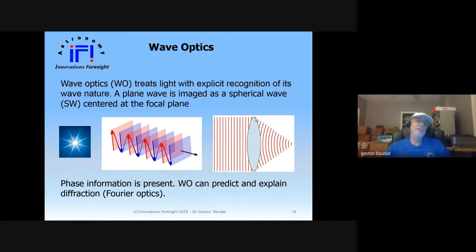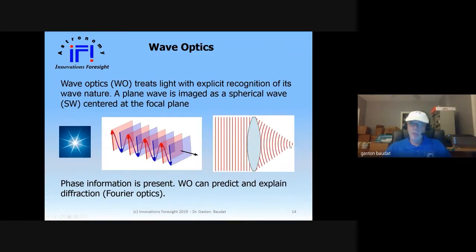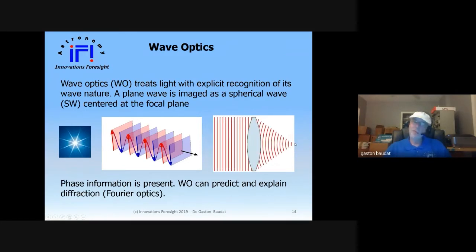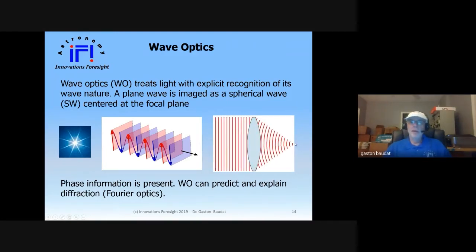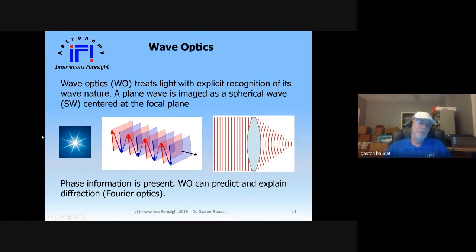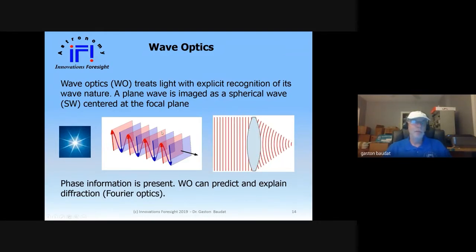And the goal of any imaging system is to map a point, which is here a star very far away at infinity, to a point on the image plane, on the focal plane, which means the plane wave in that case is translated to a spherical wave with the center at the focal plane, where the spot of the image of your object will be. So if you do that and you don't add the concept of diffraction, then you get a perfect point, and that will be consistent with geometric optics, ray tracing.